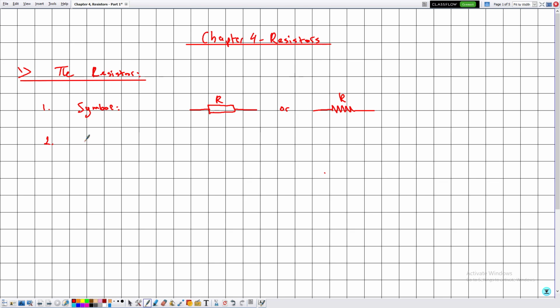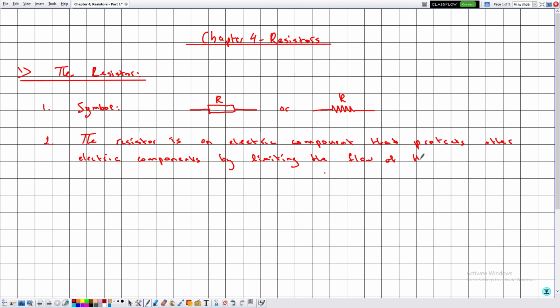So what is the resistor? The resistor is an electric component that protects other electric components by limiting the flow of the electric current.